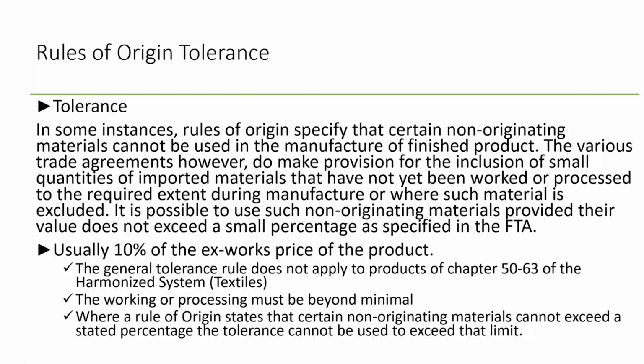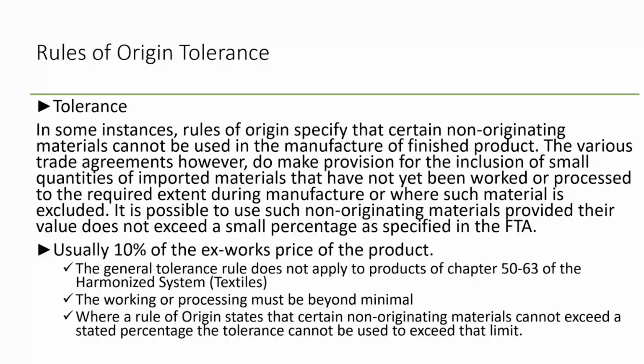So some other rules of origin: tolerance. Sometimes a trade agreement will say that all of the product, for example for the cheese, the milk to make the cheese, and sugar and whatever other products, all of that had to be originating in the EU for it to be considered an originating product, right?